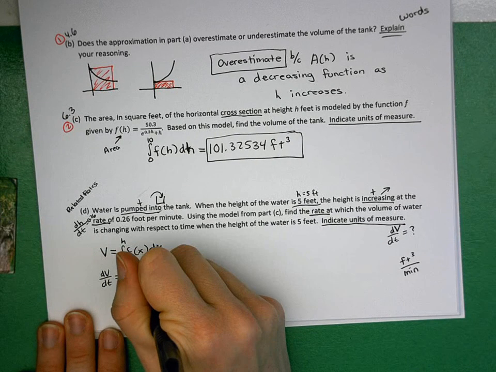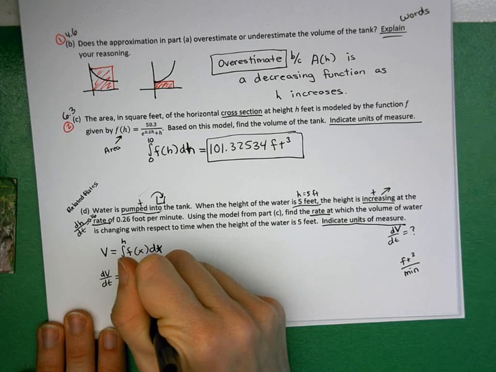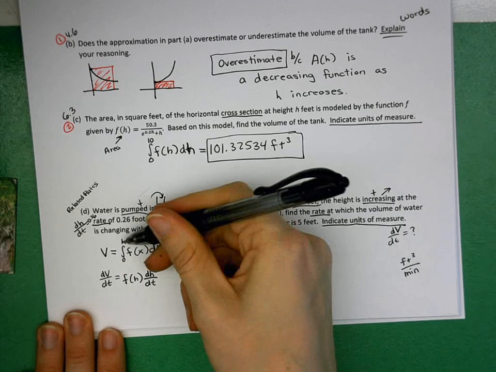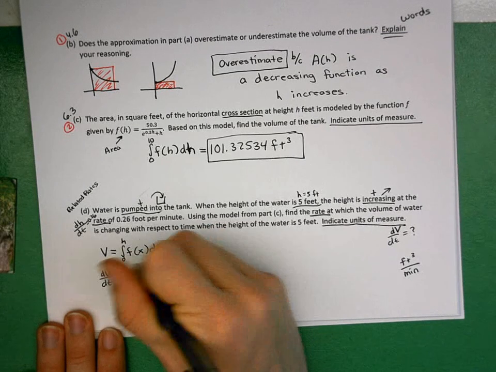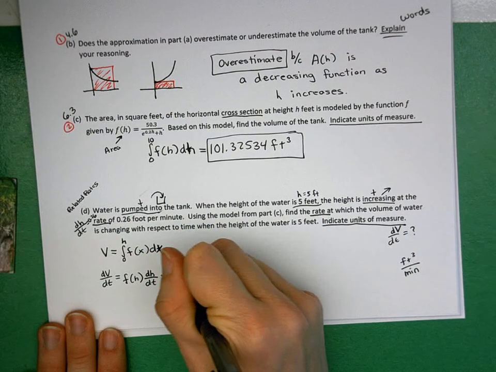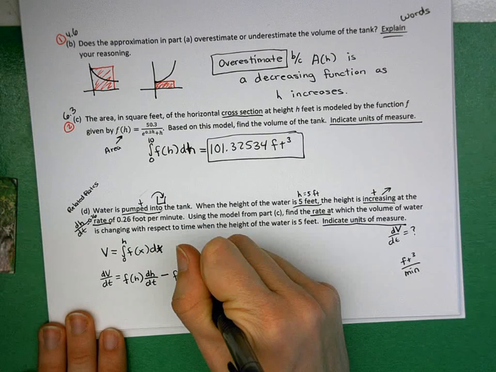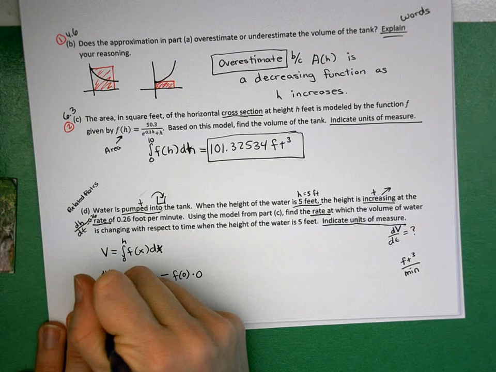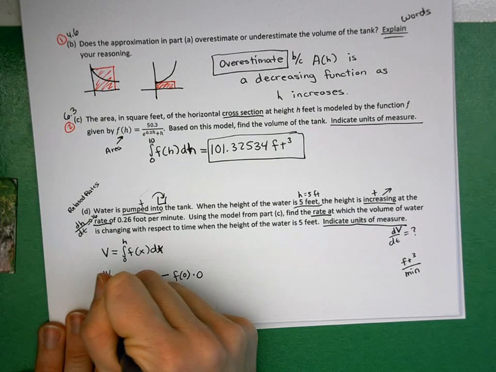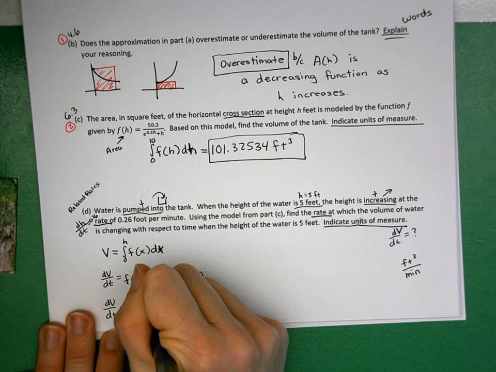The derivative of h would be 1, and then dh/dt, because I just took the derivative of h. Minus, plug in the lower, f of 0, times the derivative of my lower, which is 0. And so my dV/dt here would be f of h times dh/dt.